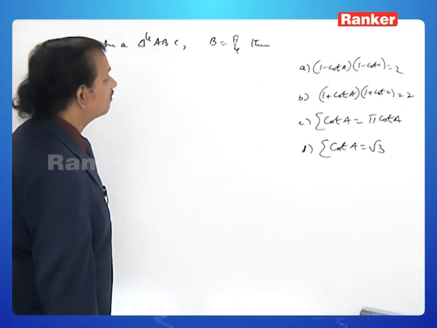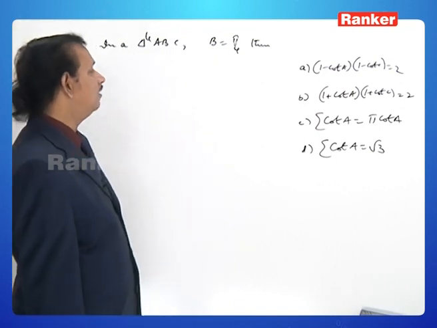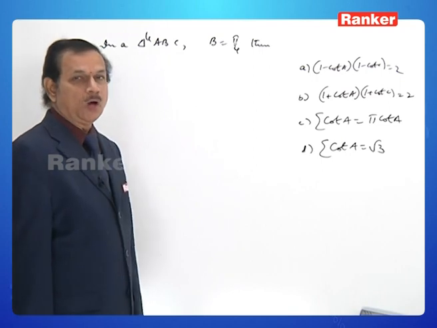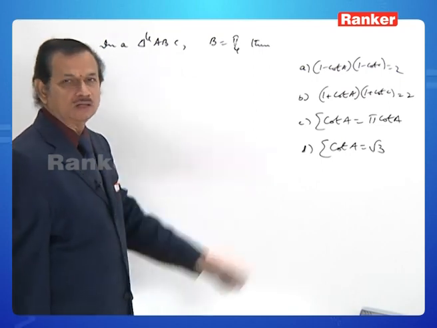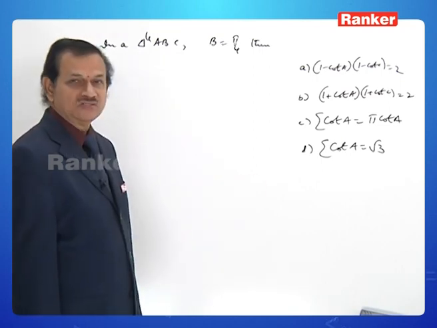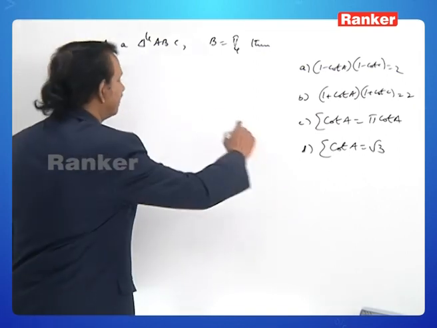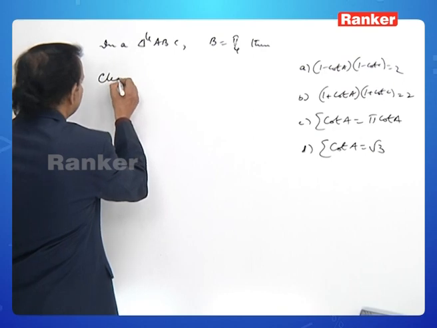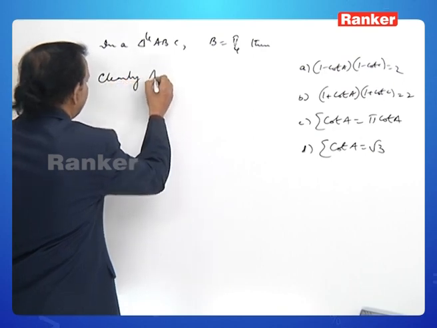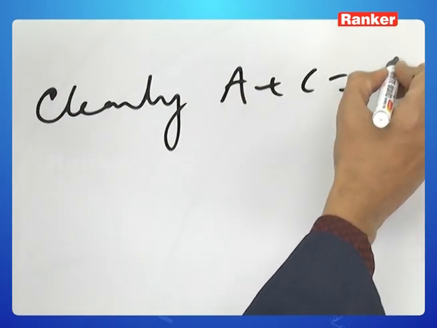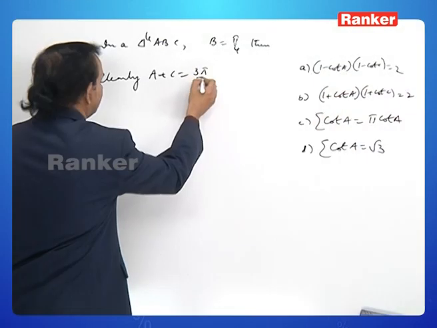Moreover, you can look at the options also. In majority of the options, only A and C are involved. Just A and C. Okay, as B is 45 degrees, clearly A plus C is equal to 135 degrees, that is 3 pi by 4.